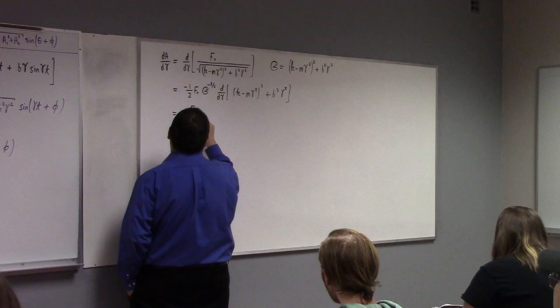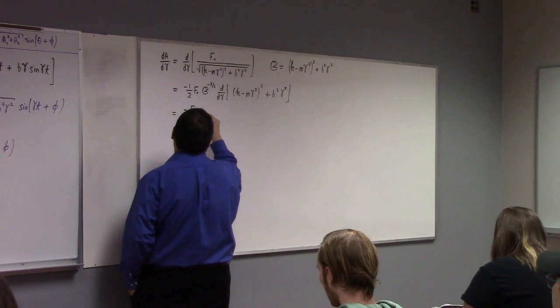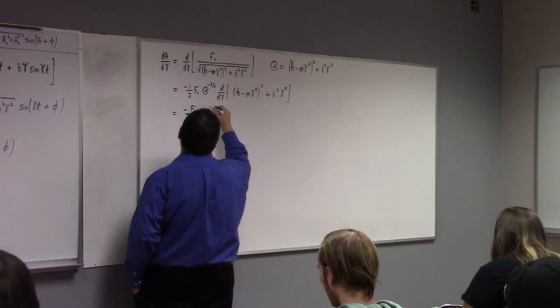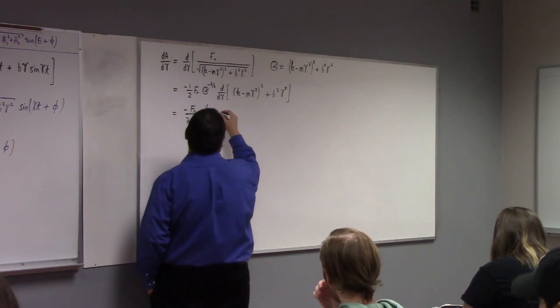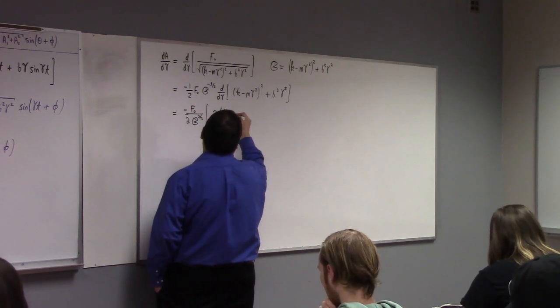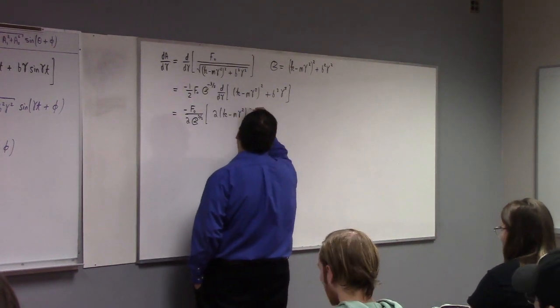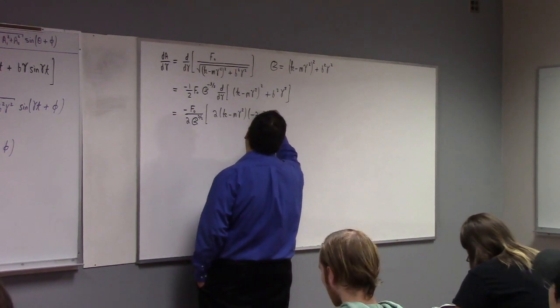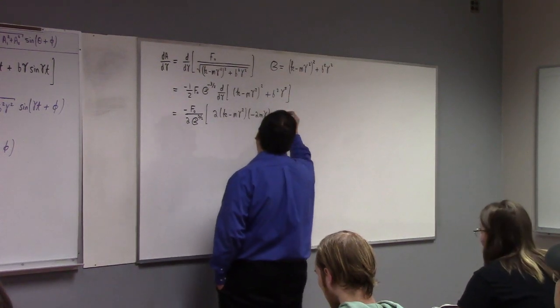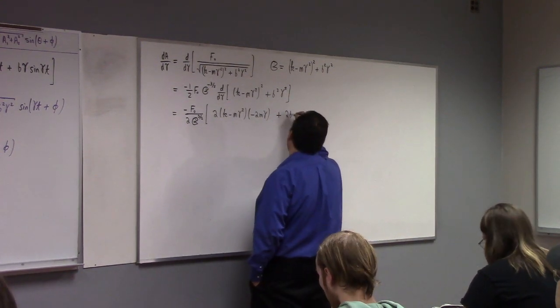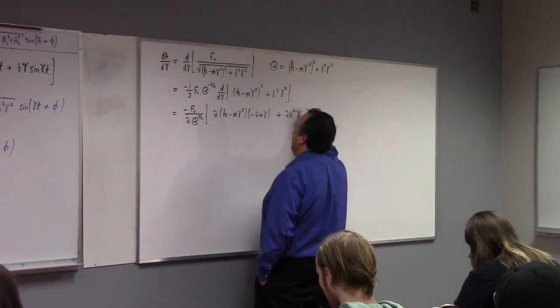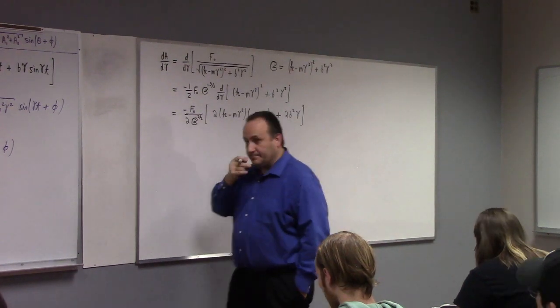I'll move Pac-Man downstairs, give him a positive exponent. That's 2 times (k minus m gamma squared). Then the chain rule says times minus 2m gamma, and plus 2b squared gamma.